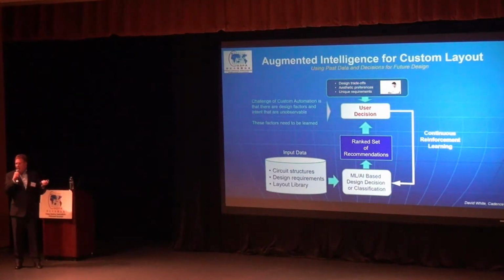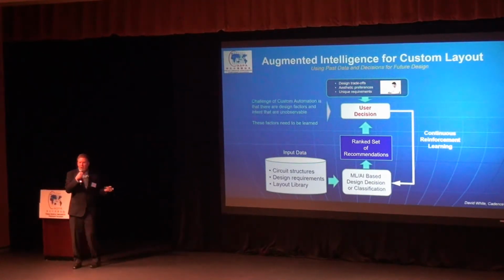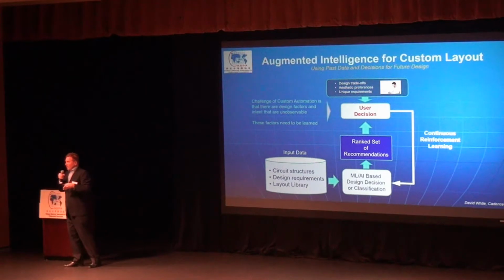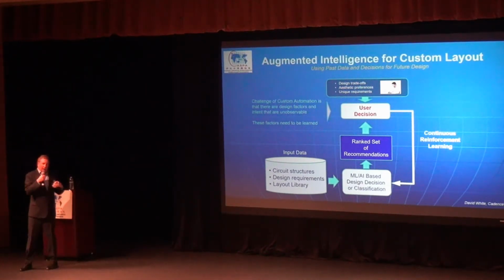Now, the data we don't have, which is up here, is a lot of times the design intent or the design goals don't exist inside our software. They're in the designer's head, as well as the aesthetic preferences and some unique requirements.